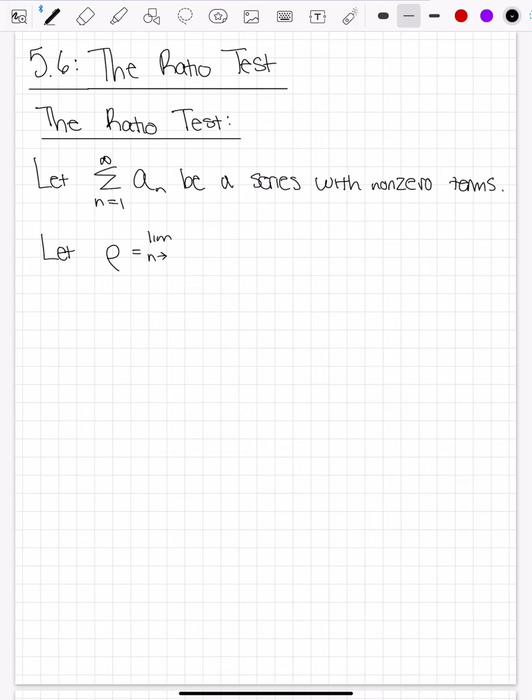What we're finding, when you look at this notation, is the formula for a_(n+1) over the formula for a_n. Remember, a_(n+1) is the term after a_n.